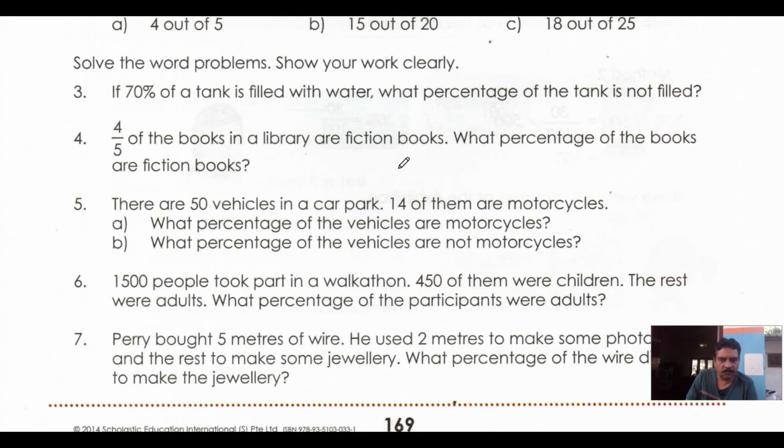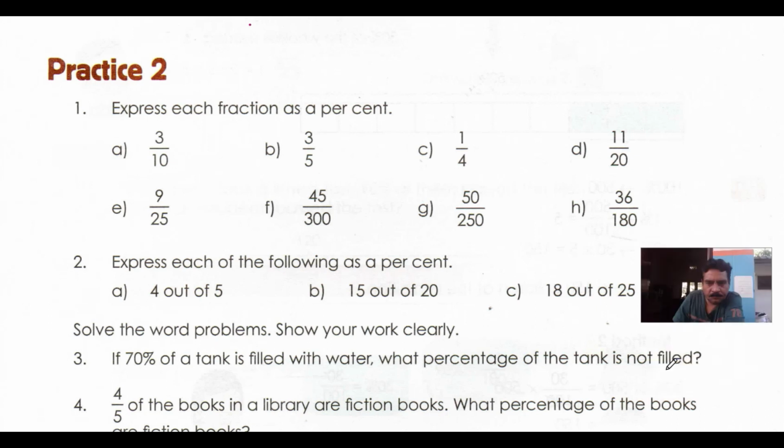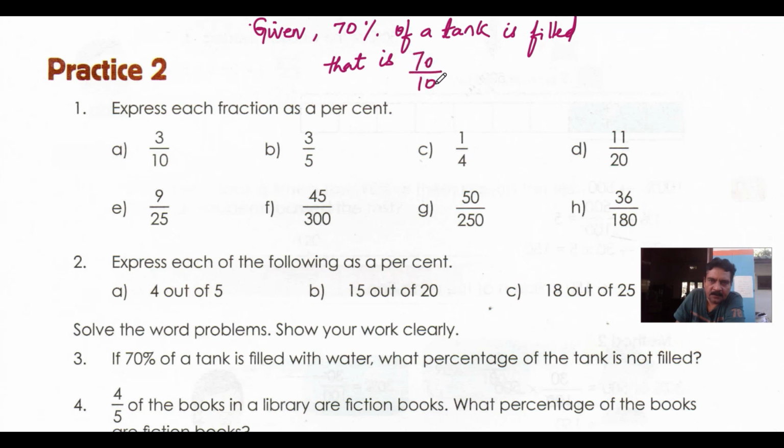Now let's go to the word problem. Question number 3. If 70% of a tank is filled with water, what percentage of the tank is not filled? Right? So given 70% of a tank is filled, that is 70 out of 100 is filled.